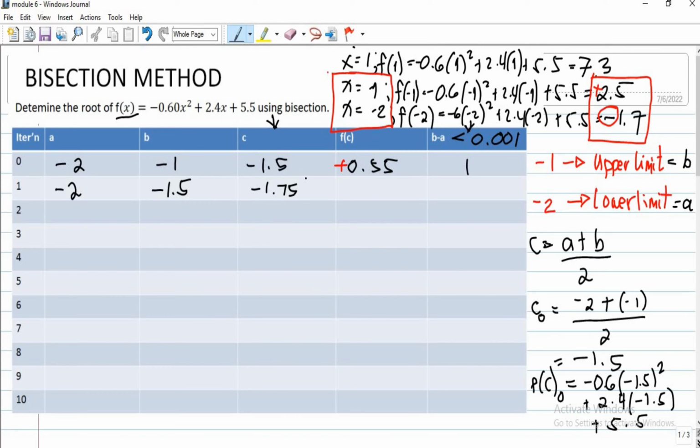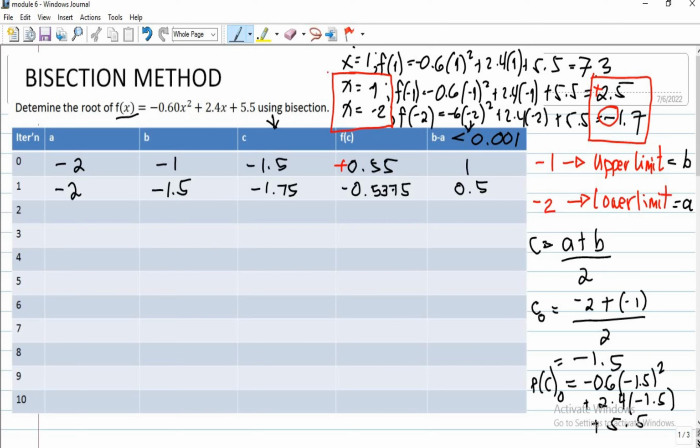Now, substitute negative 1.75 dito sa may function of x. Ang makukuha nating sagot is negative 0.5375. Now, if we take the difference of B and A, again, we need to continue the iteration kasi malayo pa tayo dito sa target natin na ang difference ay 0.001.